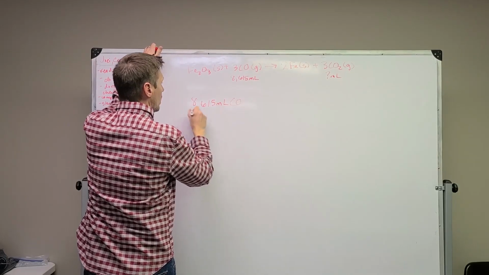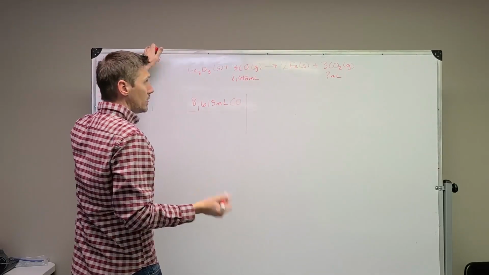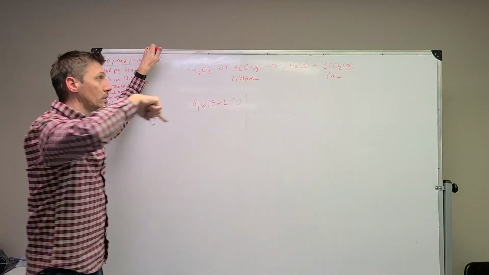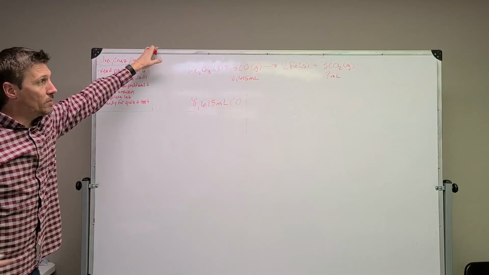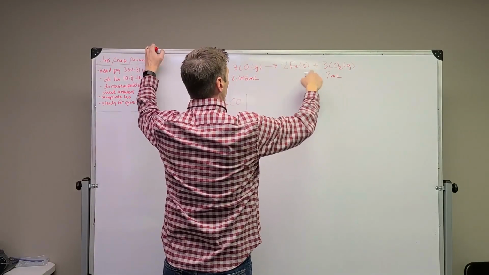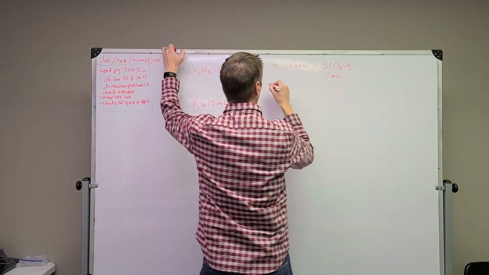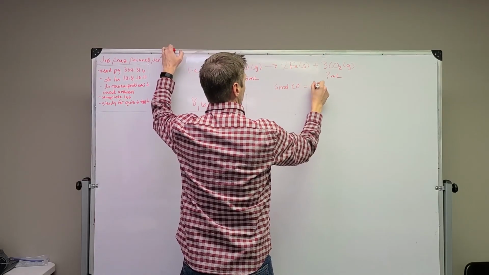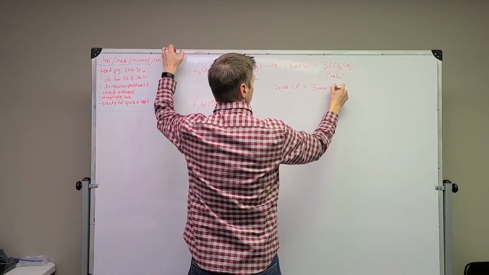So because of what we just learned, we can convert 8,615 milliliters of CO to milliliters of CO2. Just like in stoichiometry before, based on this equation, 3 moles of CO is equal to 3 moles of CO2.